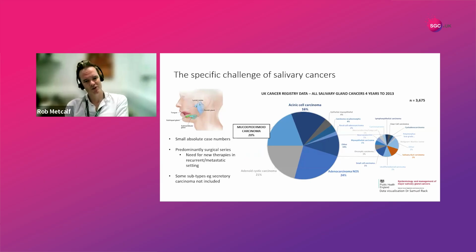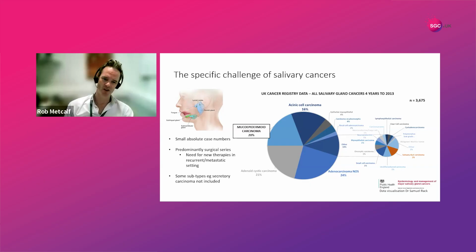I often show this slide at the start of a talk, just to highlight one of the challenges, and also to present some of the context of different types of salivary cancer. There are many different subtypes of salivary cancer. We often say 24, but there's probably many more than 24. You can keep subclassifying and subclassifying.